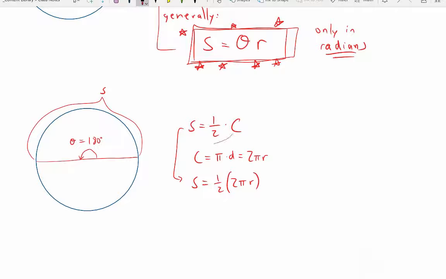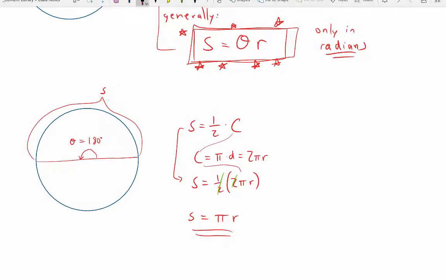We substitute 2 pi r in for C. Now we can see real quickly here that the 2 and the 1/2 will cancel, and we can see that S is equal to pi times r. In this particular circle, this arc length S is equal to pi times the radius.